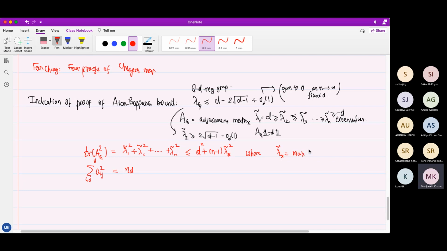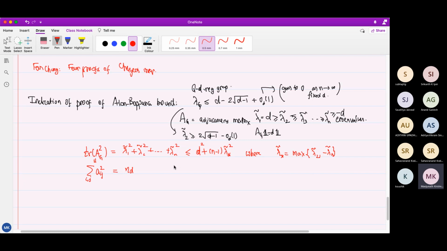It's the maximum of lambda 2 tilde and minus lambda n tilde. So all the other eigenvalues, other than the first one, are bounded by this in absolute value. You take the maximum of lambda 2 tilde and minus lambda n tilde. That will give you the bound for absolute values. So that is true.